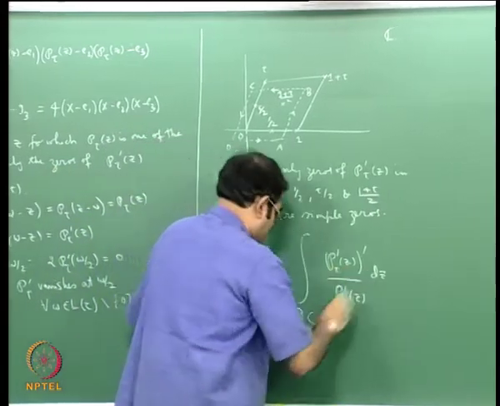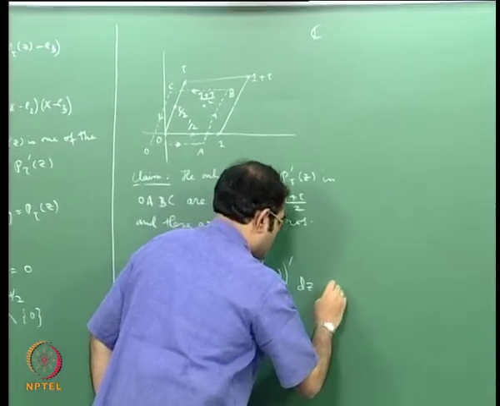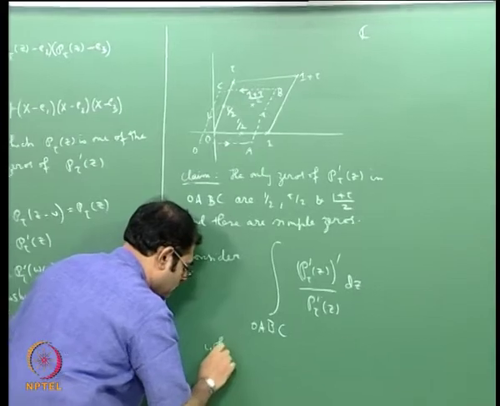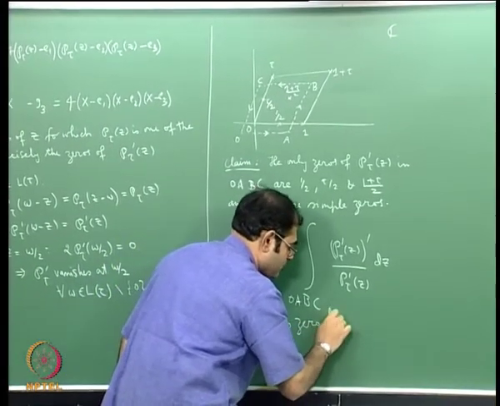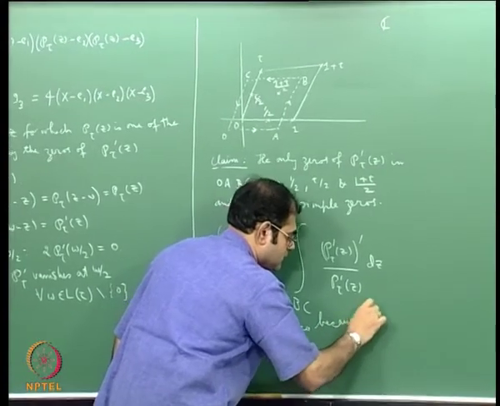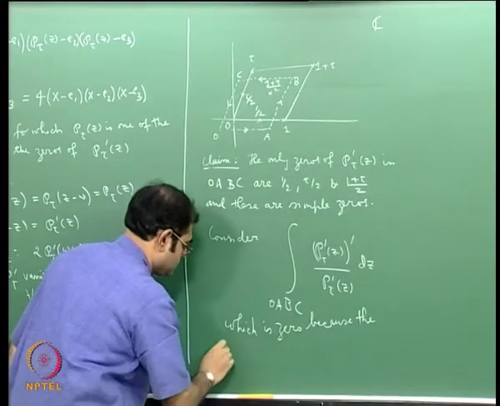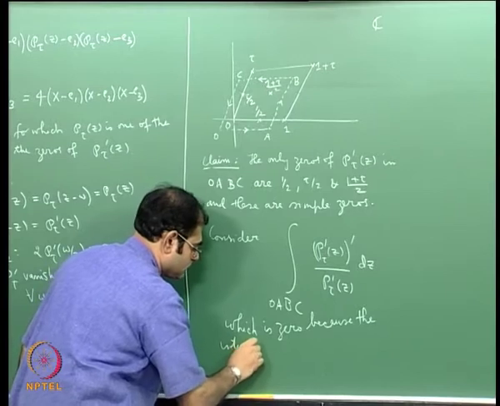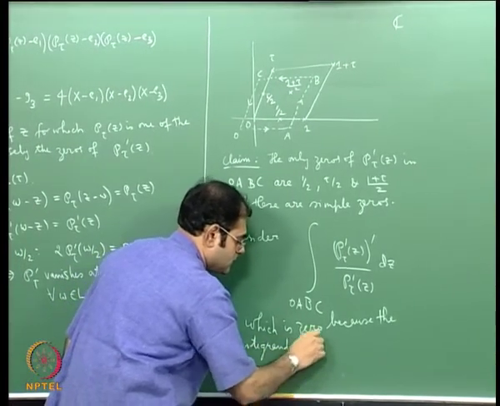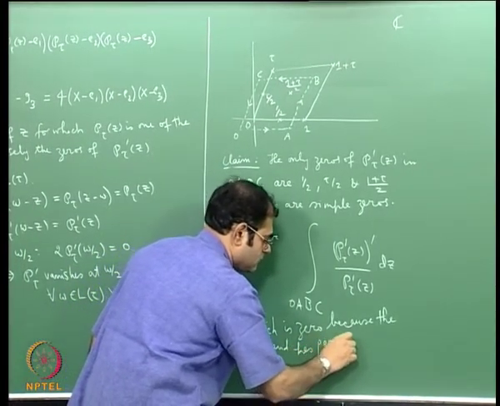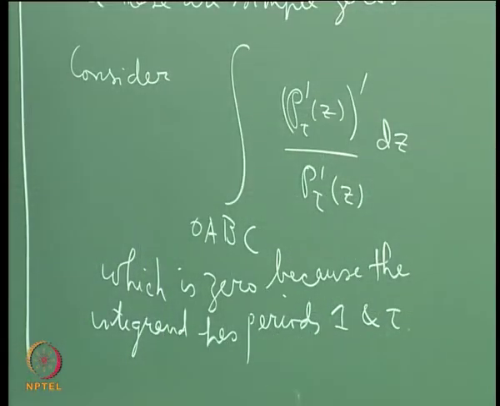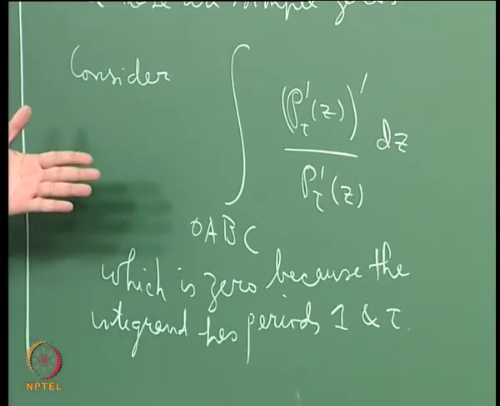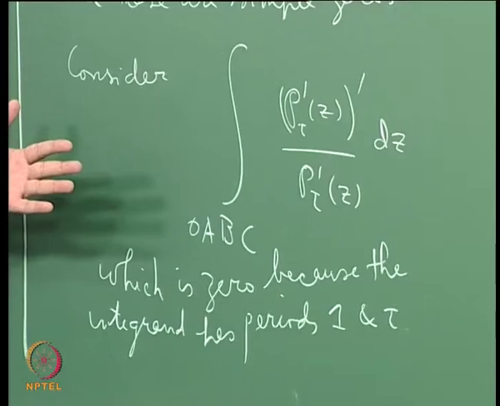So this is equal to 0, because the integrand is periodic, has periods 1 and tau.